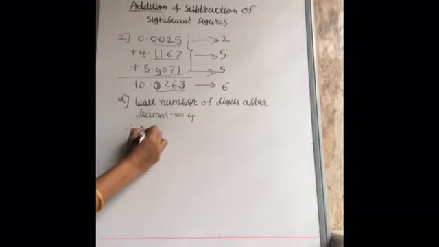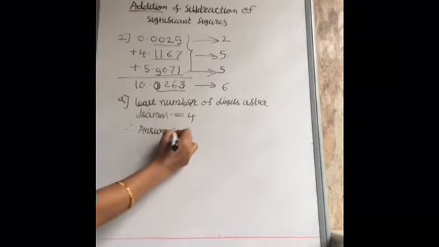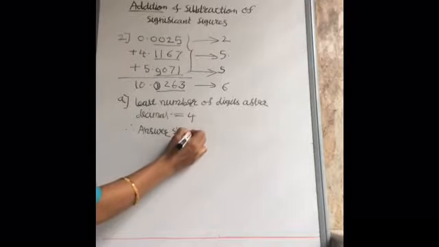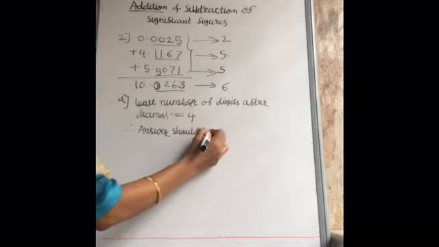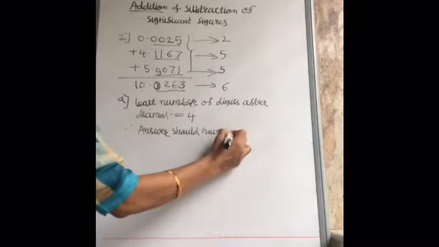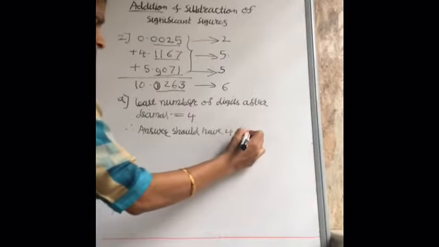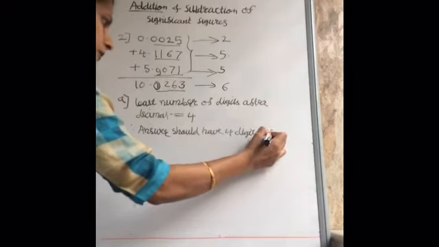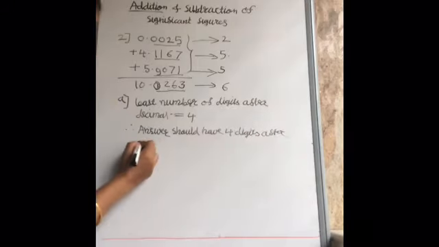Therefore the answer should have 4 digits after decimal.